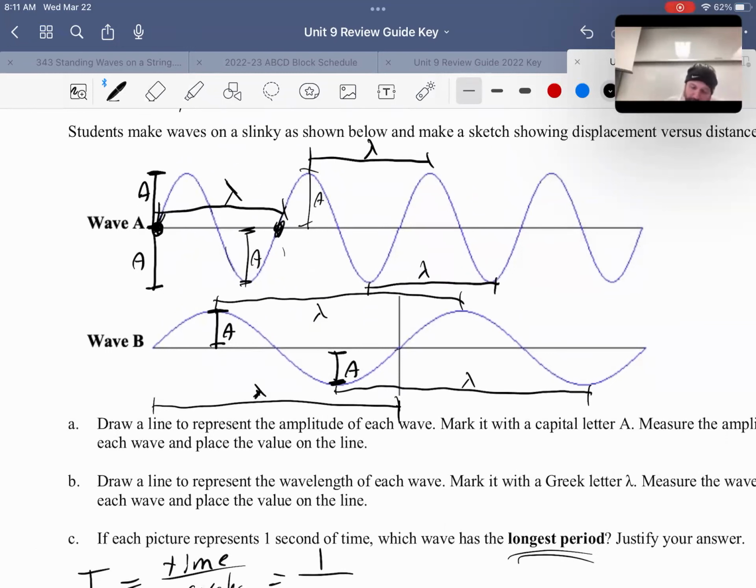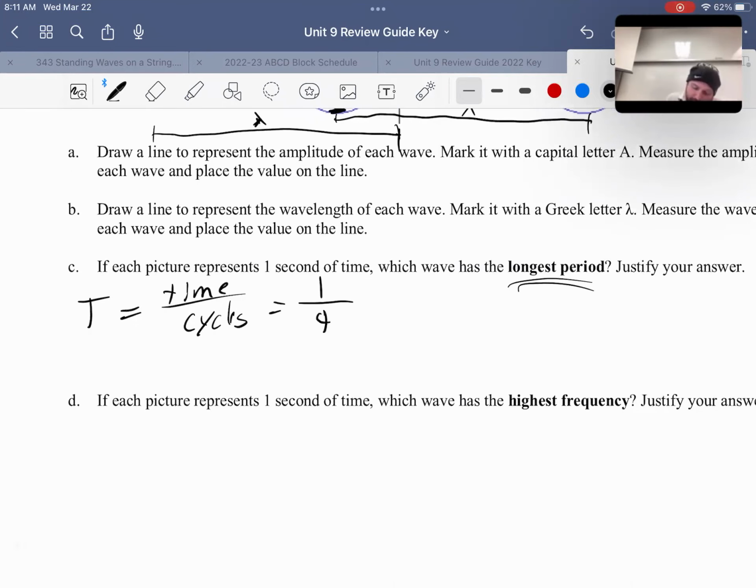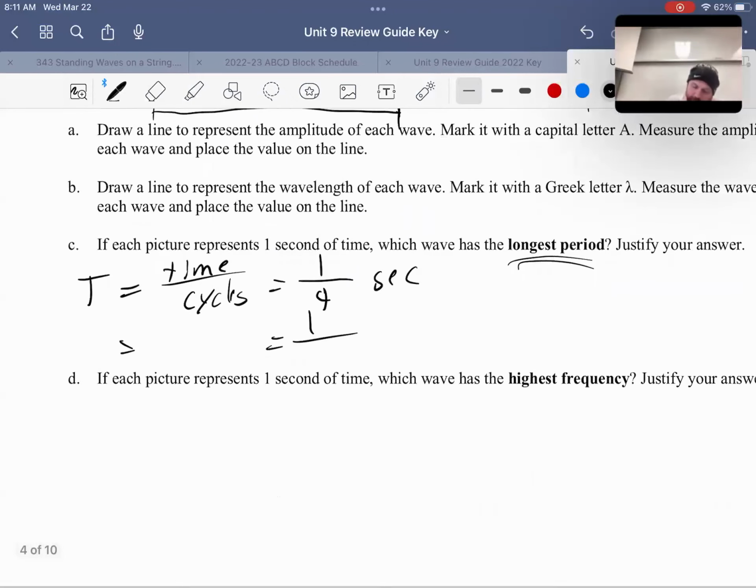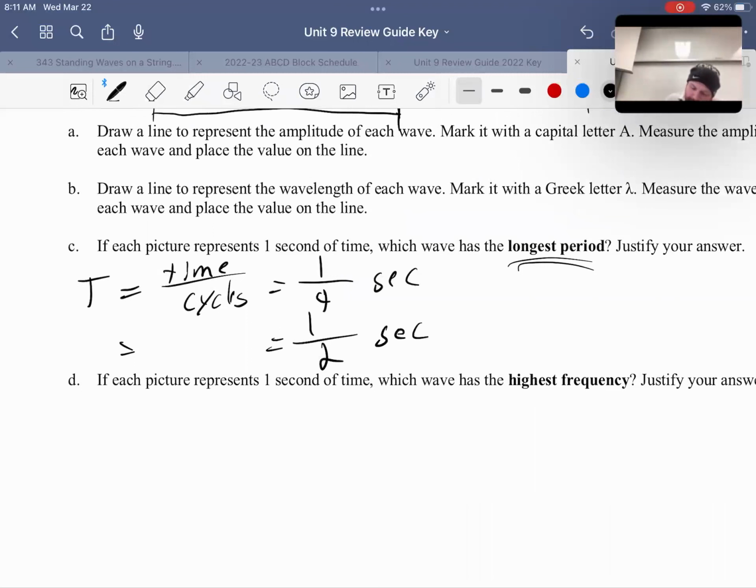It goes 1, 2, 3, 4 cycles there. So that's going to be 1/4 of a second. Whereas the second wave has the same thing, has 1 second, and then how many cycles is that? 1, 2 cycles. So 1/2 of a second. So the longer period would be the second wave.